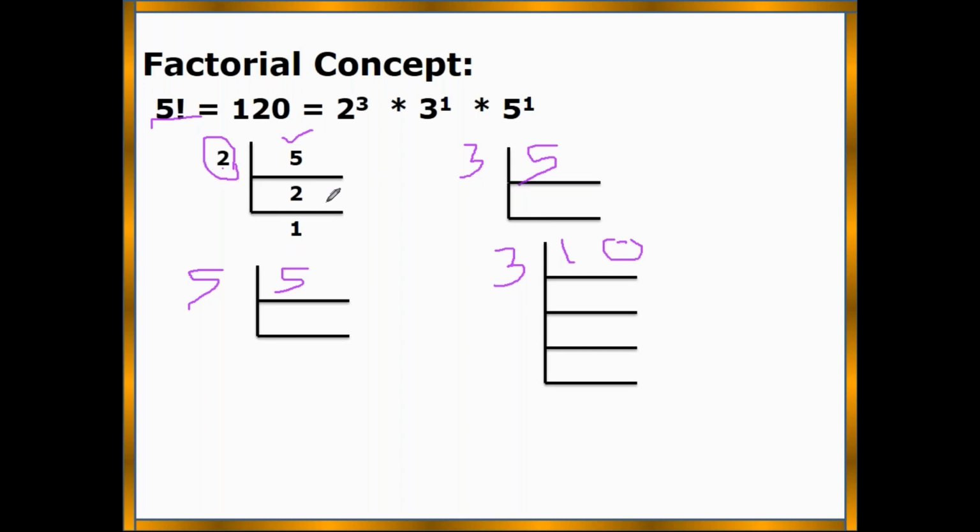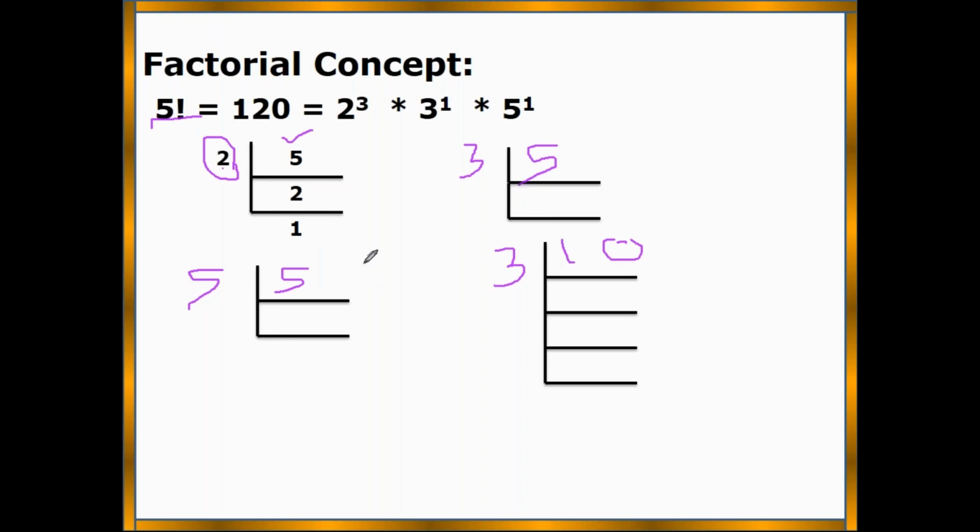So 2 2s are 4. Whatever the remainder is, that may be 1, that may be 10, that may be anything, ignore the remainder. Don't consider the remainder. Again, 2 1s are 2.